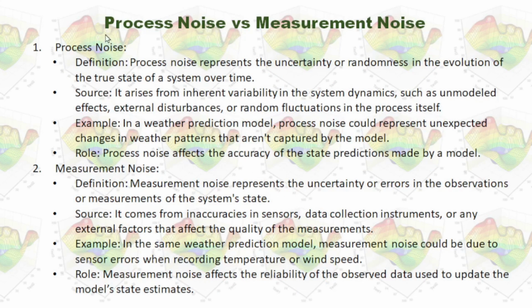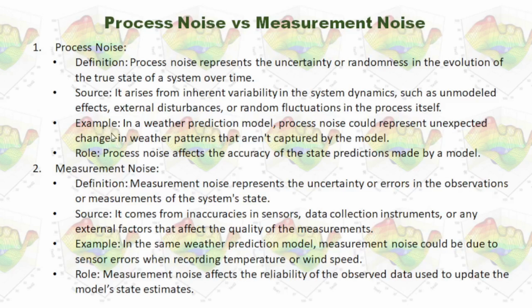Now let's talk about process noise versus measurement noise. Process noise represents the uncertainty or randomness in the evolution of the true state of a system over time. It arises from inherent variability in the system dynamics, such as unmodeled effects, external disturbances, or random fluctuation in the process itself.